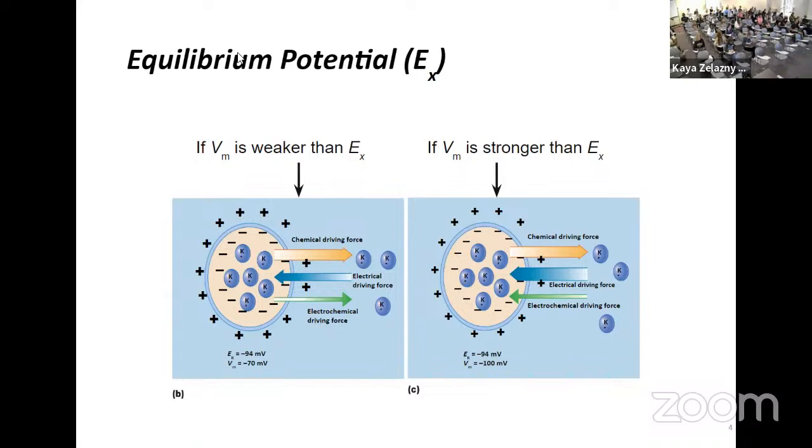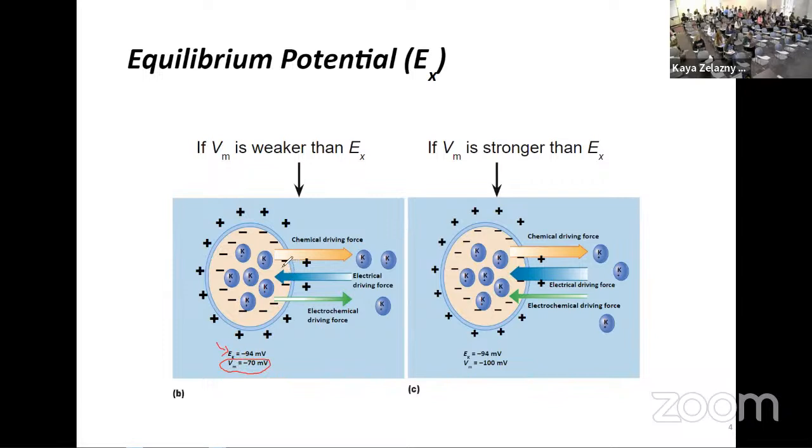I'm hesitating a little bit because I don't actually think that this is the simplest way to do it. But you'll note here, we're looking at a membrane potential in B of -70 millivolts. And we can see that this equilibrium potential of potassium is stronger, so larger, than that. So we might say the membrane potential Vm is weaker than the equilibrium potential of potassium, EK.